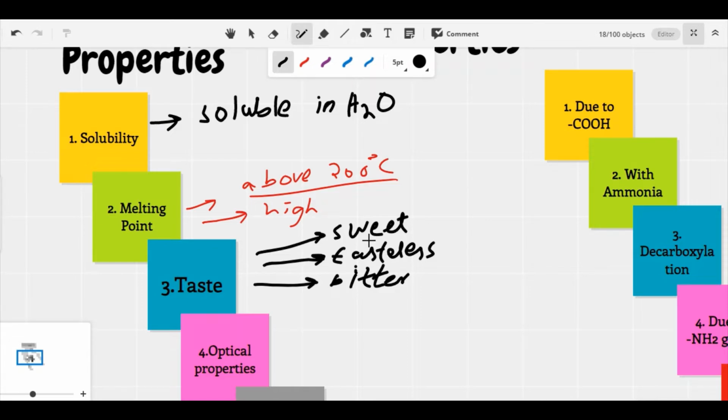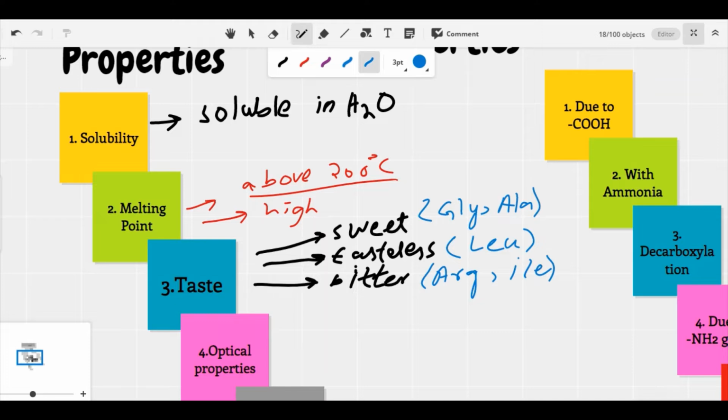For example, some of the amino acids may be sweet, like glycine, alanine, and valine. The tasteless one, for example, is leucine. While some of the amino acids that are bitter are arginine and isoleucine. That's why they are used as a flavoring agent in the food industries.